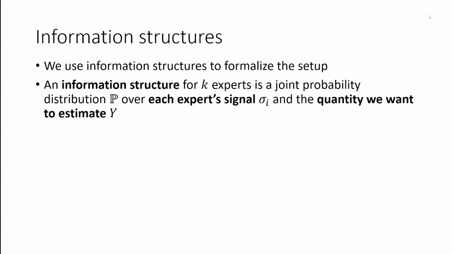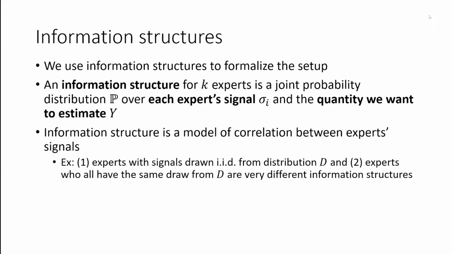So to formalize this, we will use something called an information structure. So let's say that there are K experts, and we are interested in estimating a quantity that we will call Y. An information structure is a joint probability distribution P over each expert's signal, which we'll call sigma_i, and the value of Y. Now, you can think of an information structure as essentially being a model of the correlation between the experts' signals.